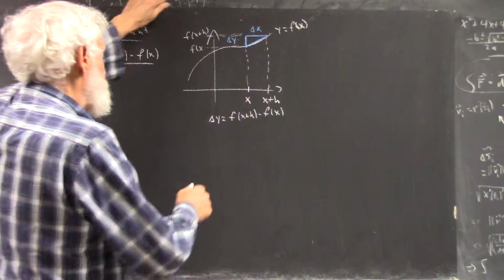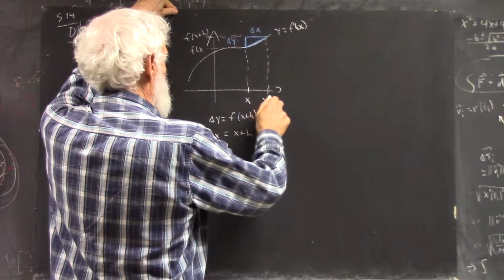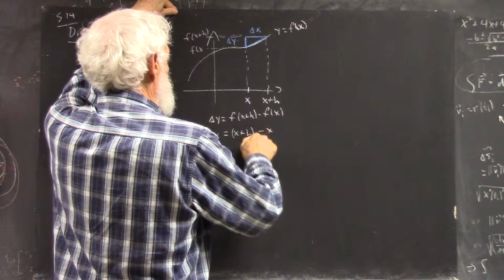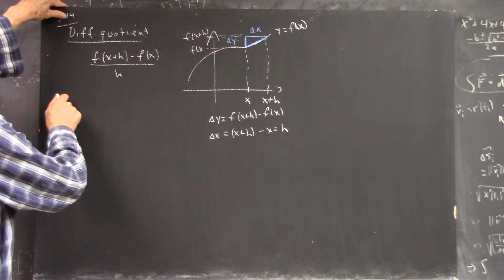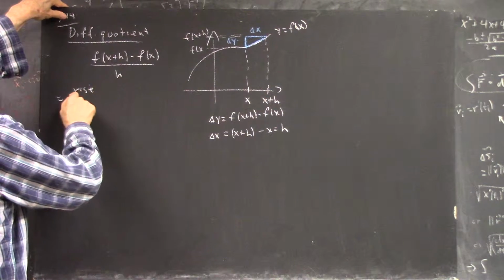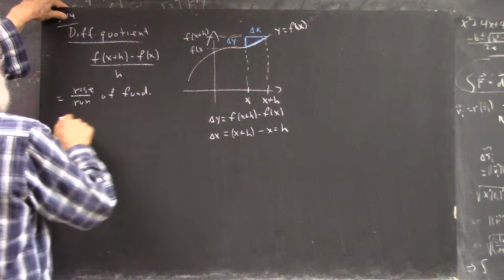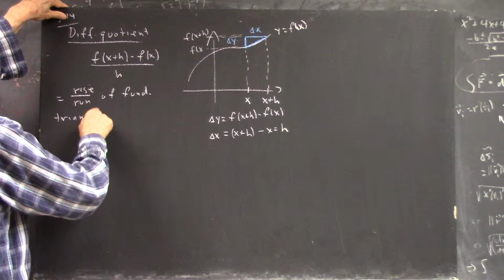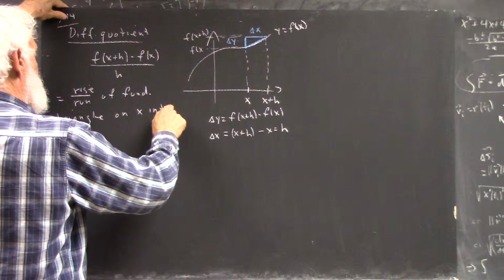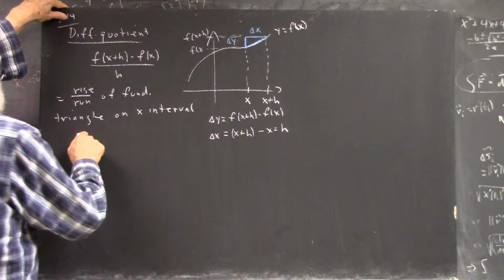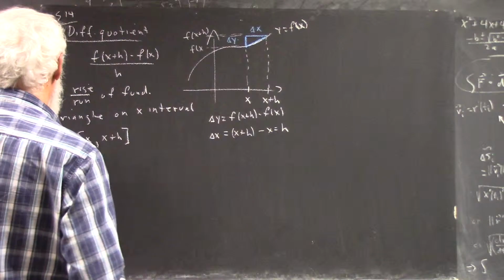The run, well, let's see, delta x is x plus h minus x, which is just h. So there's the run. So this is the rise over the run of the fundamental triangle on the x interval from x to x plus h.